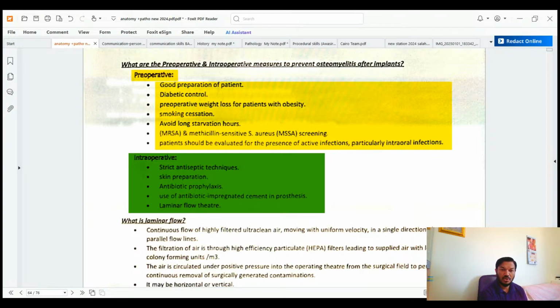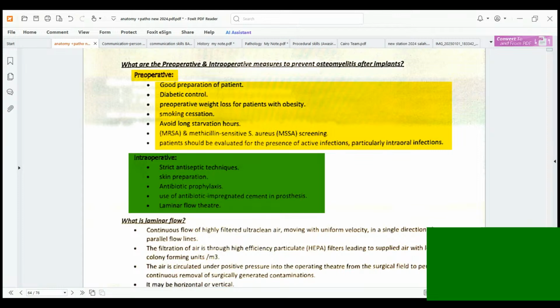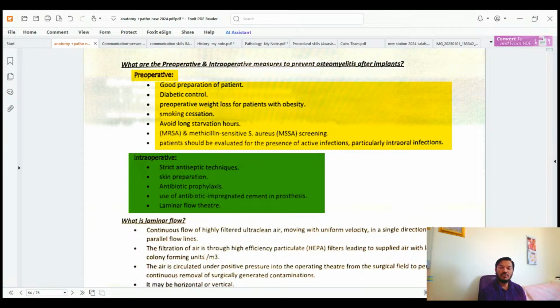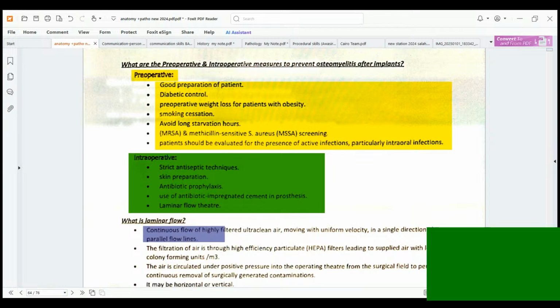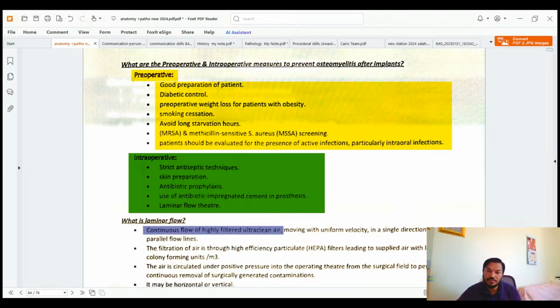What is laminar flow? Continuous flow of highly filtered ultra clean air moving with uniform velocity in a single direction along parallel flow lines.